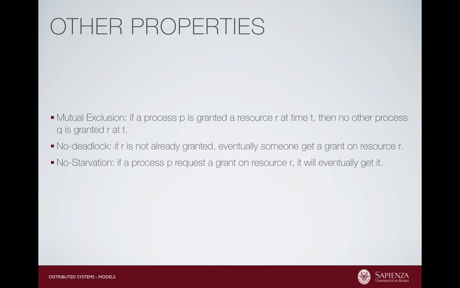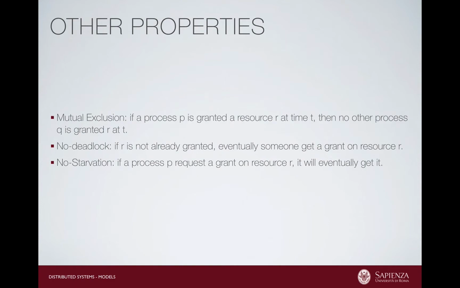Then another property is no deadlock, that is a usual property, and says that if a resource R is not already granted, then eventually someone gets a grant on resource R. And this is a liveness property because you can always hope that in the future someone will get it.